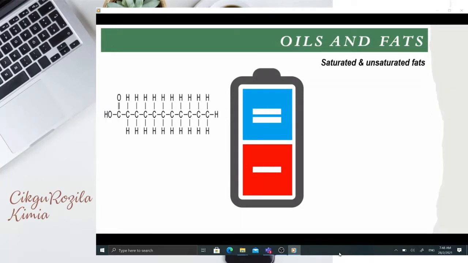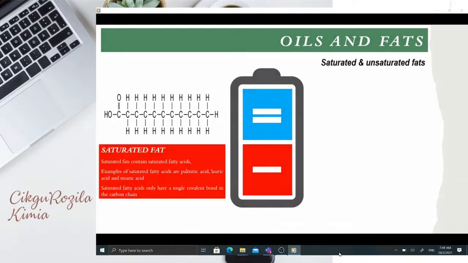For your information, if you look at the structural formula of saturated fats, the red one here contains saturated fatty acid. That means there are only single covalent bonds between the carbon atoms.